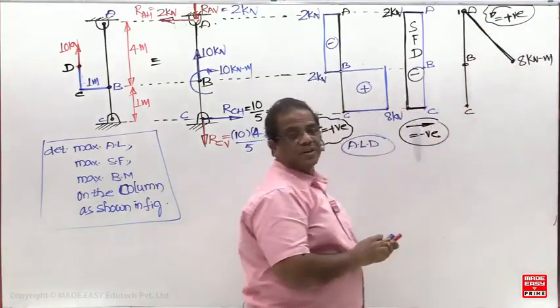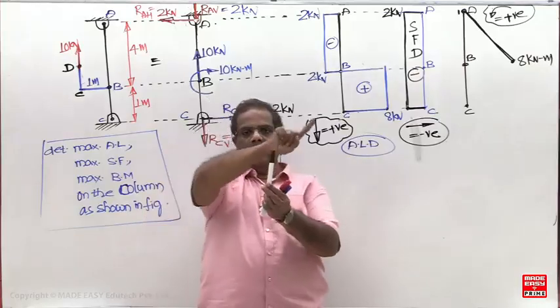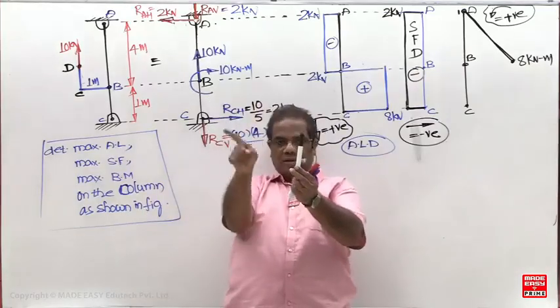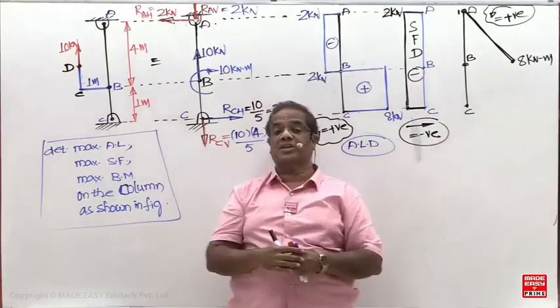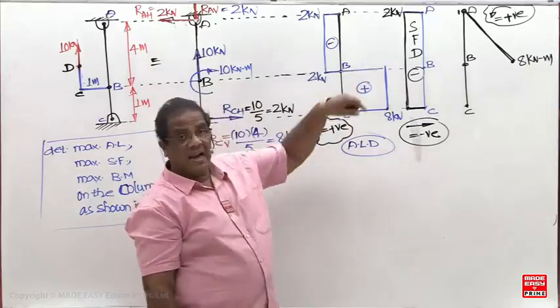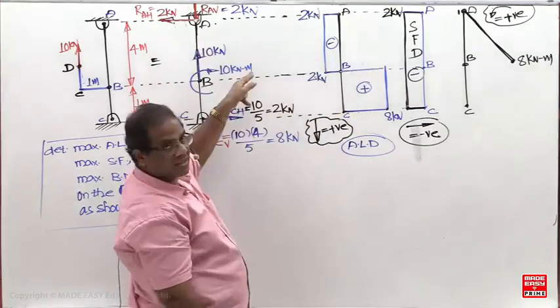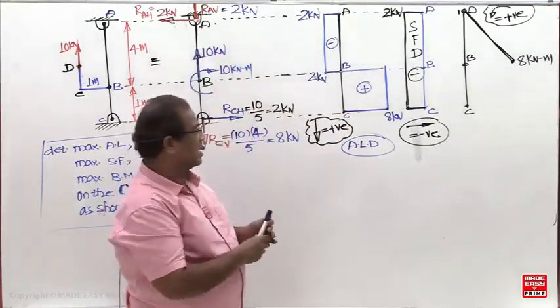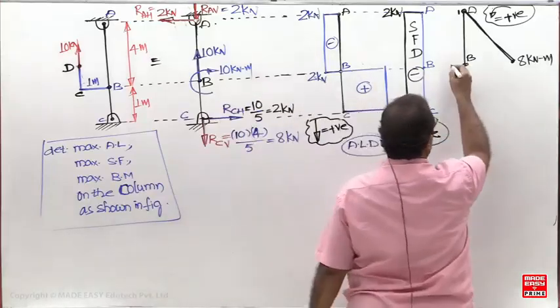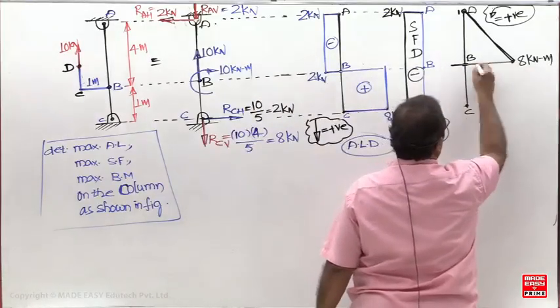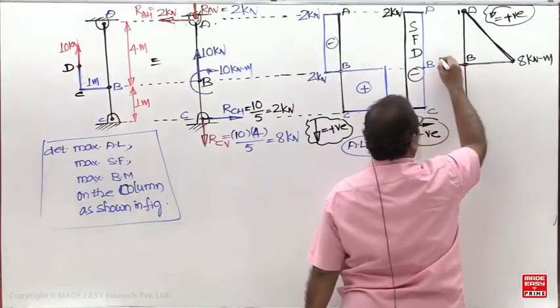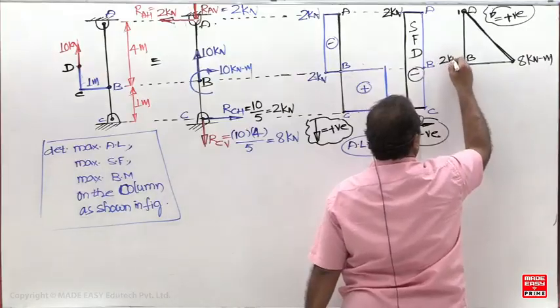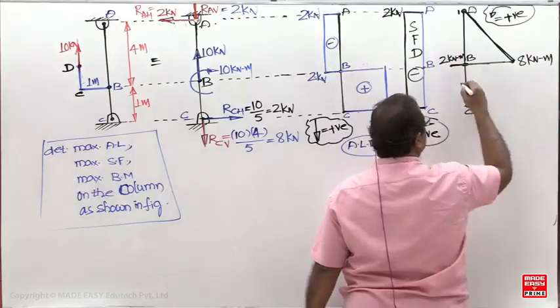Why have you taken this positive now? It is anti-clockwise, going on the left side. Left side contraction is positive. Since you have taken anti-clockwise as positive, now this is clockwise. So plus 8 minus 10. Then here 0.